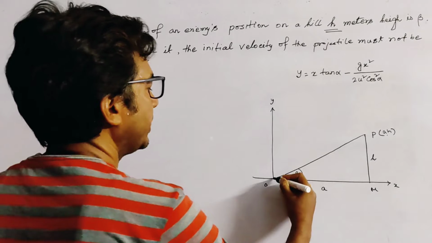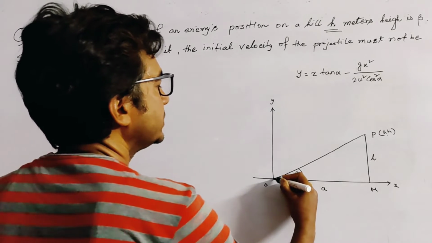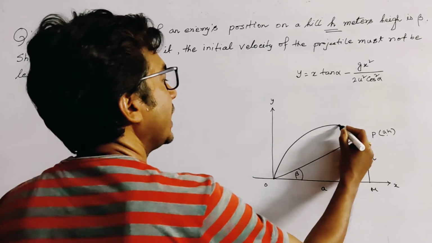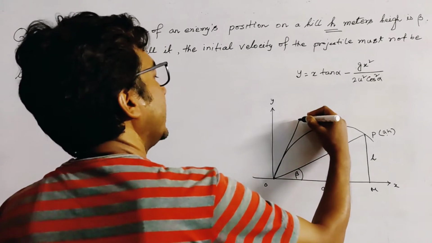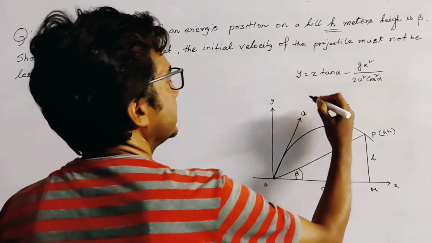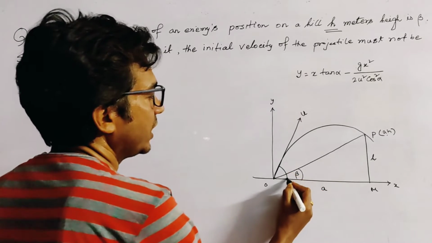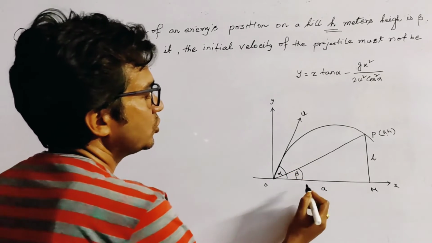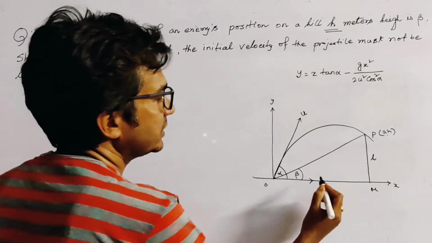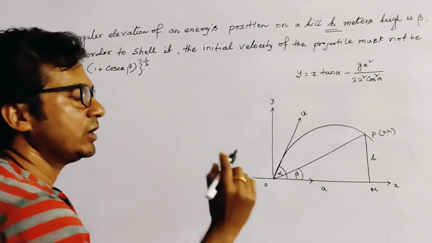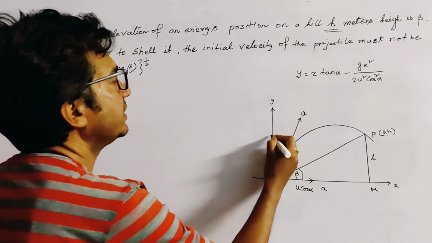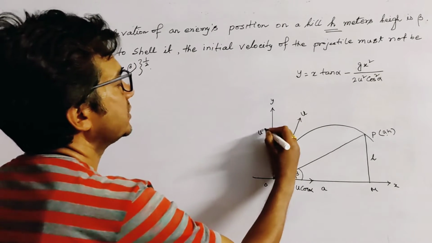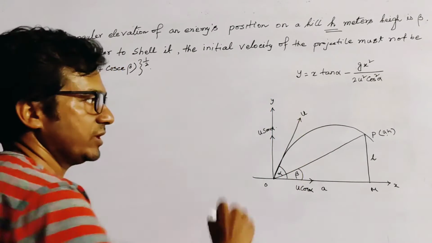Now we project the particle from here with initial angle alpha and initial velocity of projection u. The velocity along the x-axis is u cos alpha, and the velocity along the y-axis is u sin alpha.